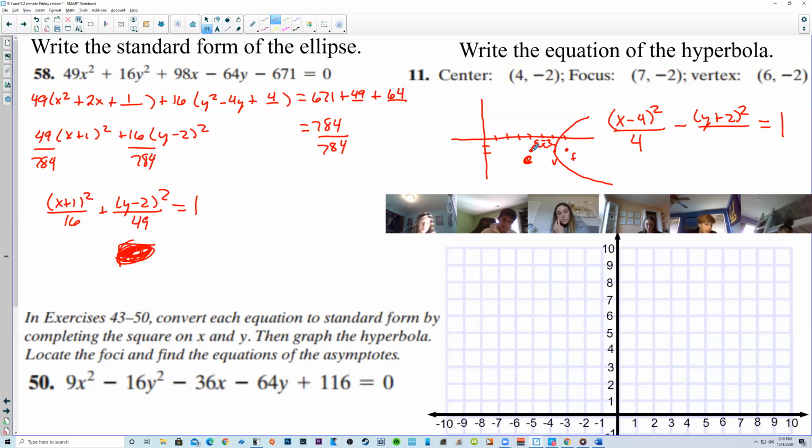The distance from 4 to 6, yeah, to the vertex, okay, we're good. 2. c, center to focus, is 3 units. So c squared is equal to a squared plus b squared. So we're going to subtract the 4 over. That's 5. So 5 goes under the y.